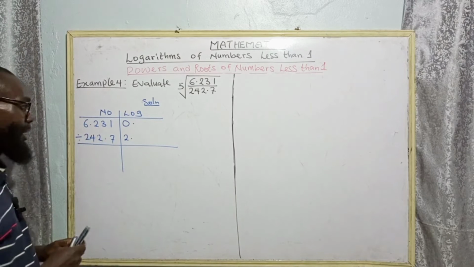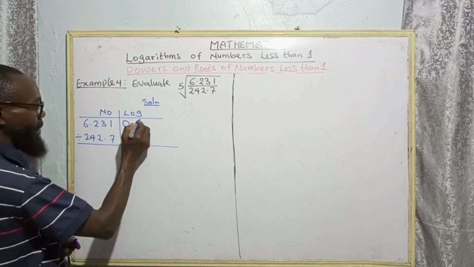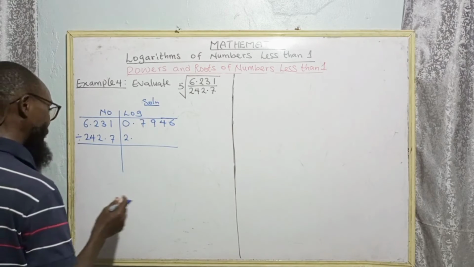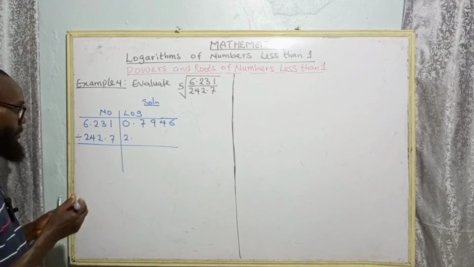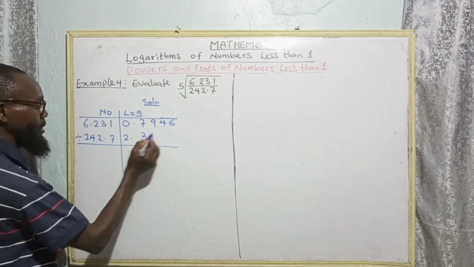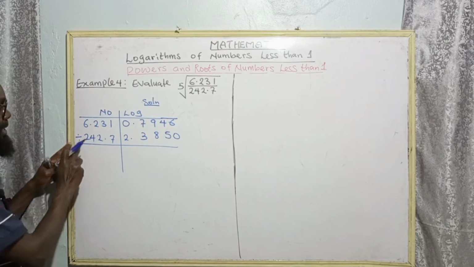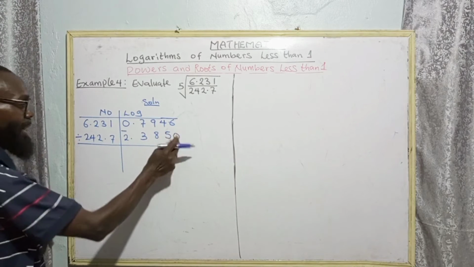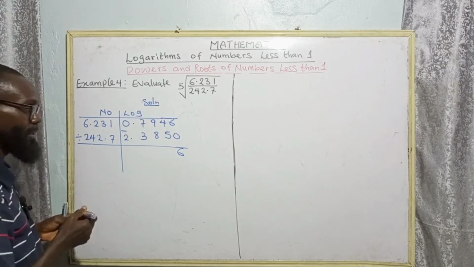Now, we check our logarithm 62 under 3 difference 1. I have 7946. Likewise, you check 24 under 2 difference 7. That's logarithm. We have 3850. Now this division we change to minus. 6 minus 0, I have 6. 4 minus 5 is impossible.